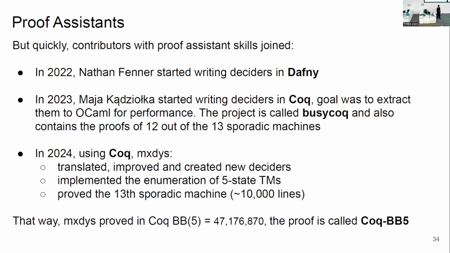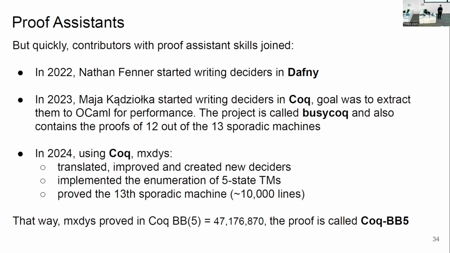In 2024, however, using Coq, an anonymous contributor called mxdys joined the project and showed that they had translated, improved and created many new deciders, and implemented the enumeration of all the Turing machines. I want to stress this point because it's what I personally thought was not really feasible, not scalable in a proof assistant: this algorithm that enumerates the 180 million machines.